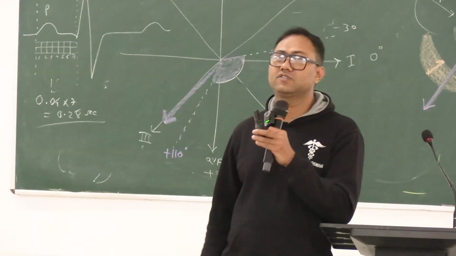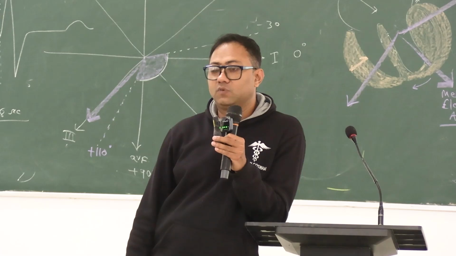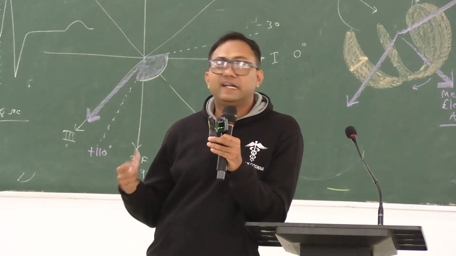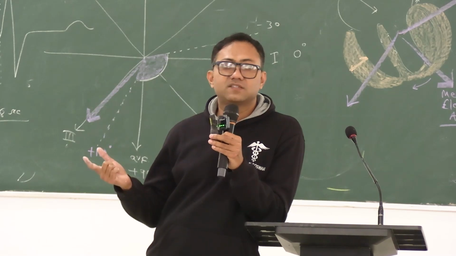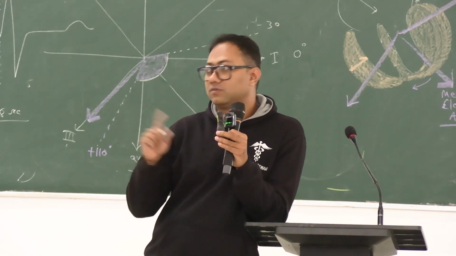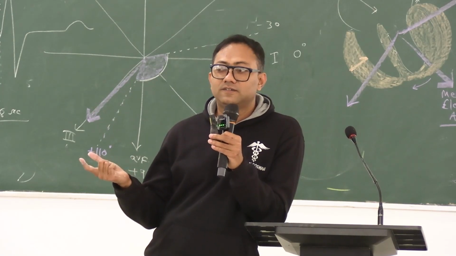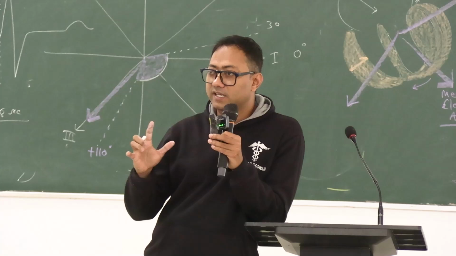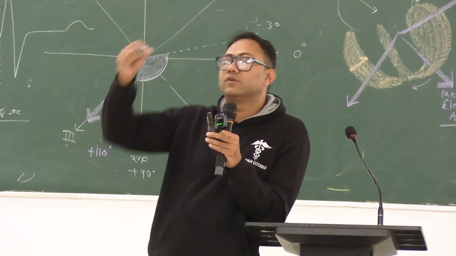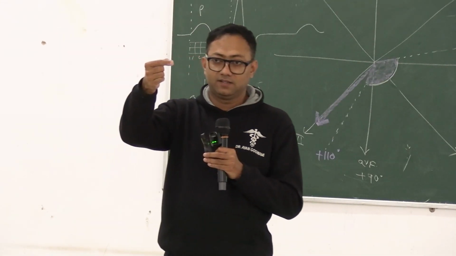Do you know what is the significance of the PR interval? What does it signify? The P wave is for atrial depolarization. The QRS complex is for ventricular depolarization. So the PR interval means the interval between atrial depolarization and ventricular depolarization. Your action potential is being generated from the SA node, right?